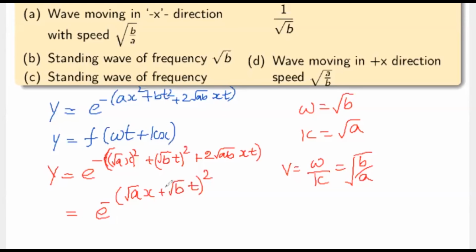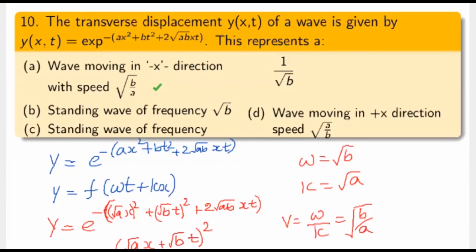Whether you multiply this negative term inside or keep that outside, what matters is whether both the coefficients have the same sign or different. Since they have the same sign, it is traveling along the negative x direction. The right answer is option A.